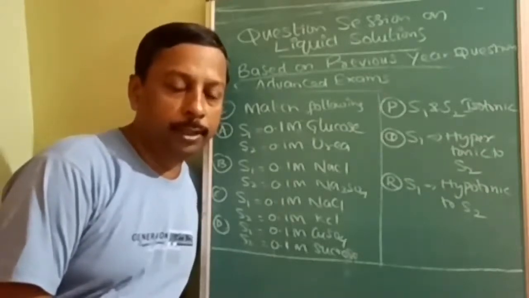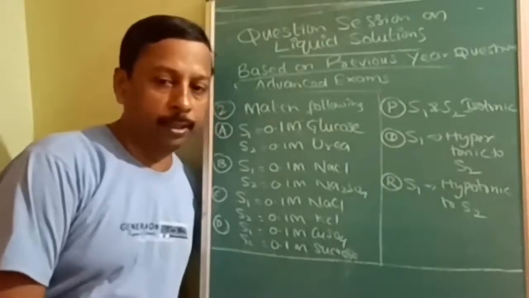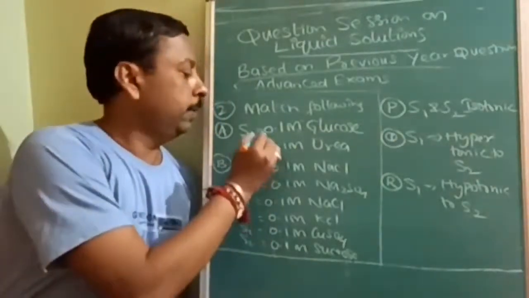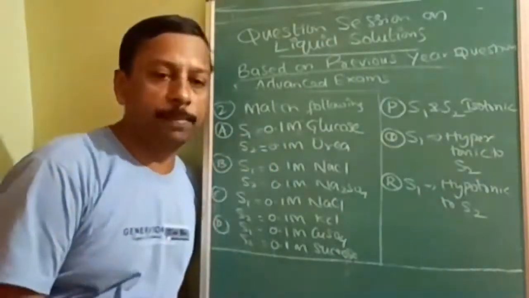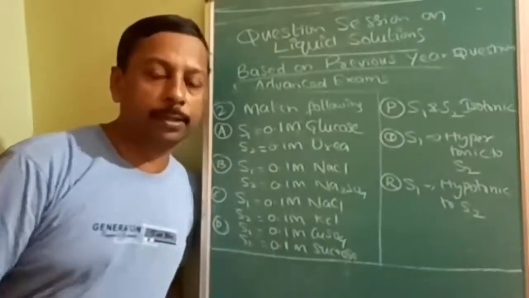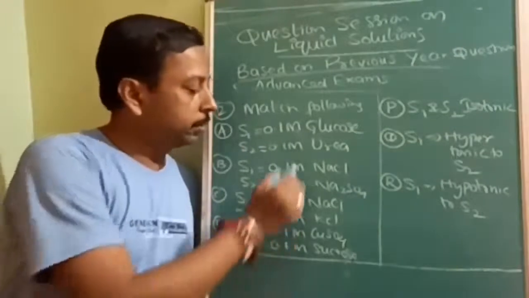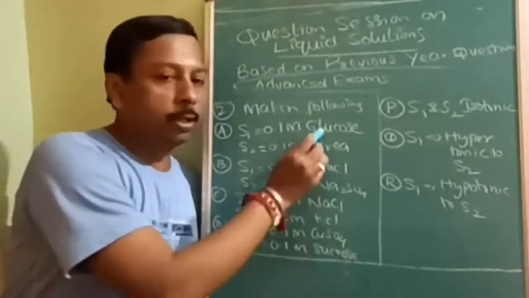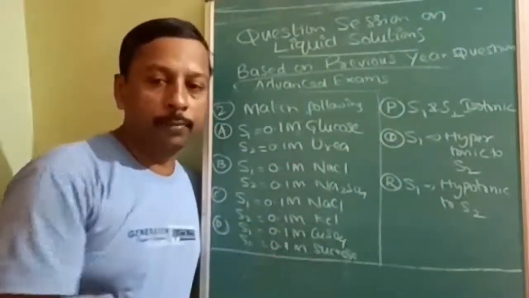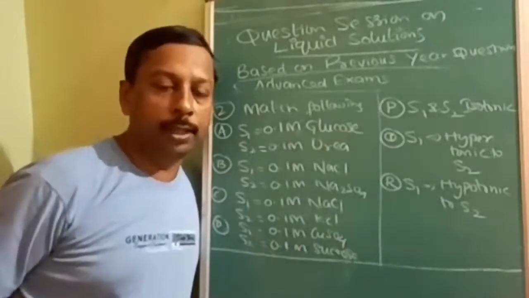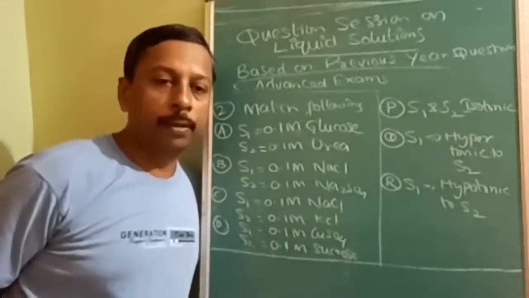Here is another question, from abnormal solutions but linked with the osmotic pressure topic. Here you can find all concentrations are the same, but the solute is changing. If the solute neither dissociates nor associates, it can be ideal.